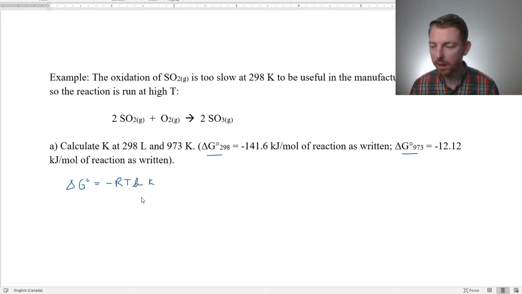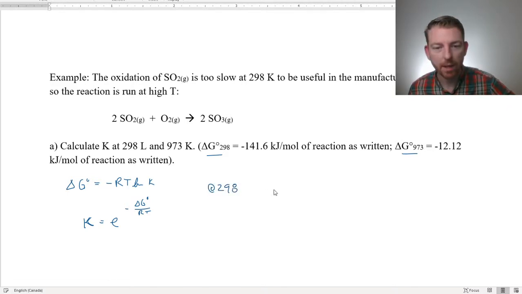We want to calculate K, so let's just do some algebra on this. So K is equal to e to the negative delta G over RT. And those values we have. So at 298, we have K is equal to e to the negative 141,600 joules per mole.